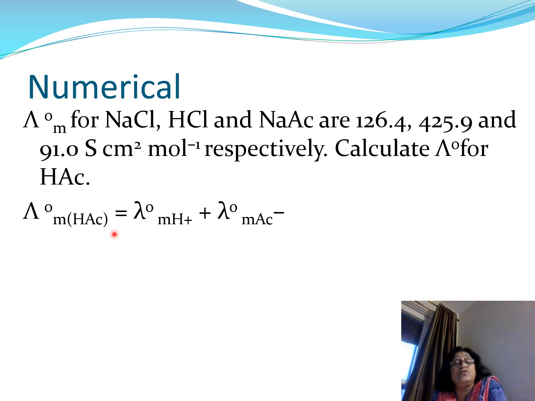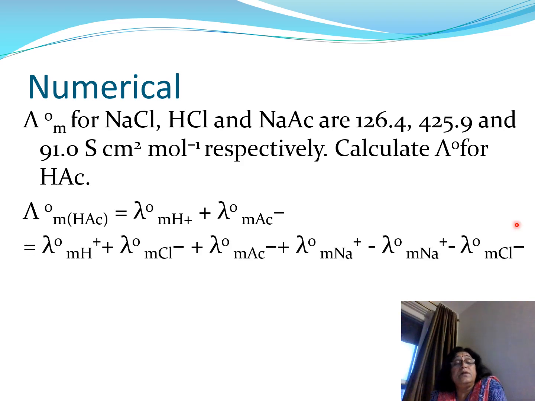The summation of these two will give you the molar conductivity of acetic acid at infinite dilution. Now here, what is given to us? Na plus and Cl minus, their summation is given. Then H plus and Cl minus, their summation is given. And Na plus and Ac minus summation is given. And we have to find HAc.